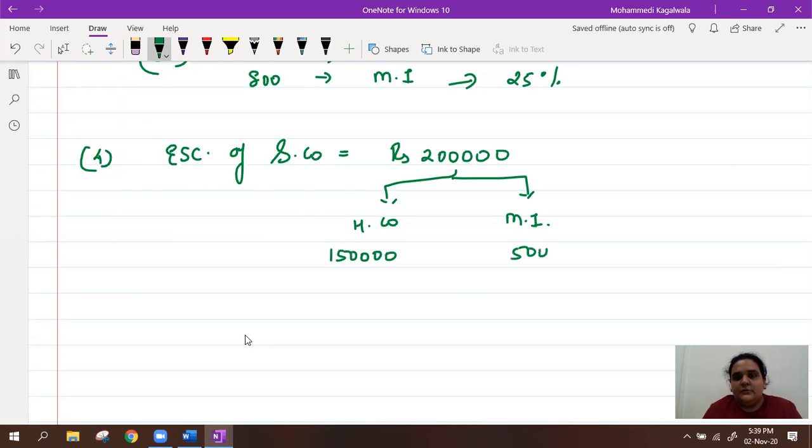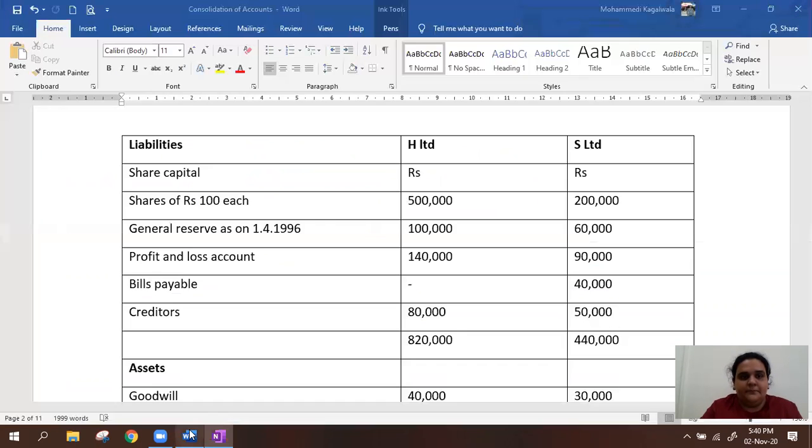This will be 50,000. This will go in the credit side of minority interest account, and equity share capital is always pre. This will go in investment account credit side. One shareholder item is done.